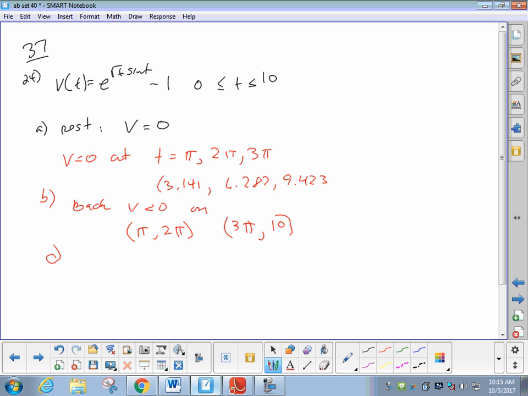What I intended for D was average acceleration. So let's change it to average acceleration. Average acceleration is change in velocity over change in time over an interval. So it's not a derivative. It's a change over an interval. So I'm looking at something like v at 10 minus v at 0.